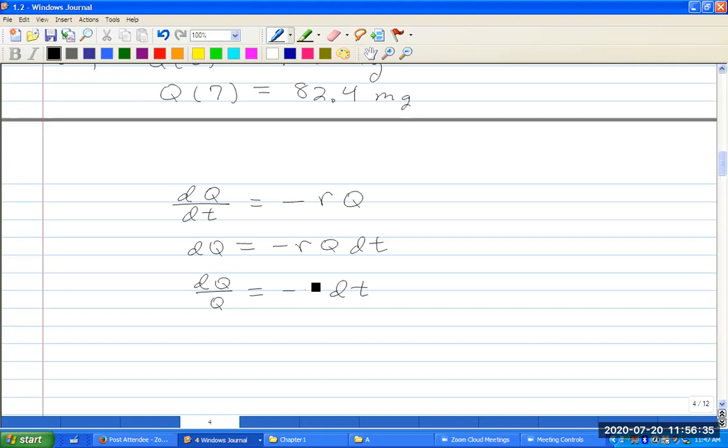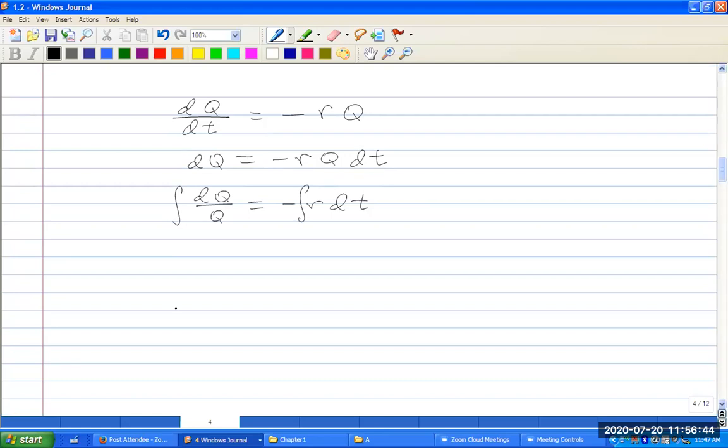Let me integrate both sides. And so this says that ln q is equal to minus rt, plus C.